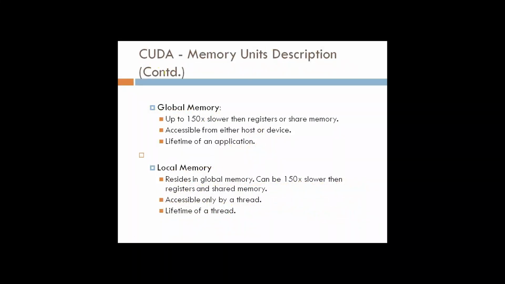Now we come to the global memory. Global memory is about 150 times slower than the registers or the shared memory. It is accessible from either host or device, and variables declared in the global memory are alive for the lifetime of an application.